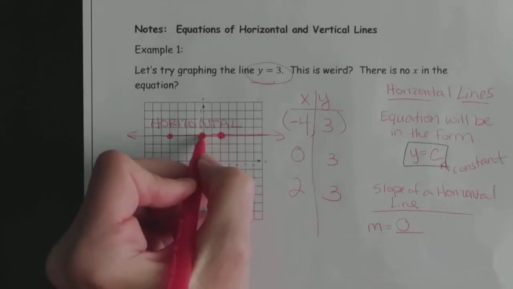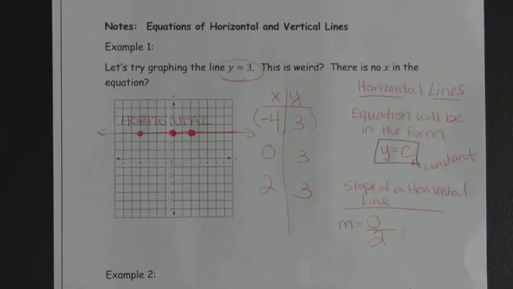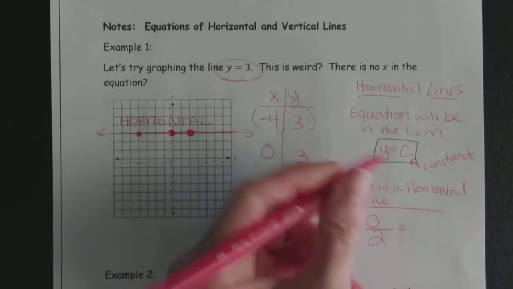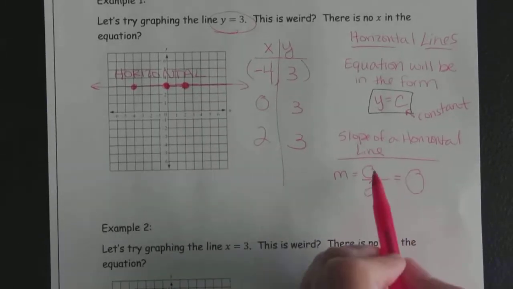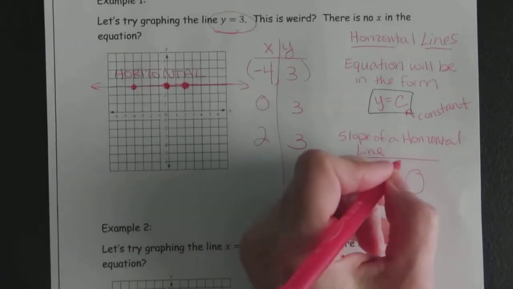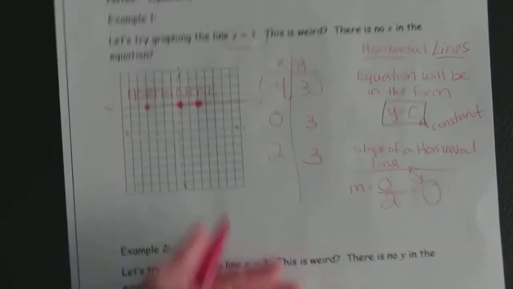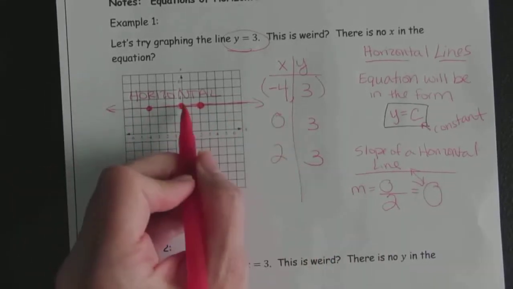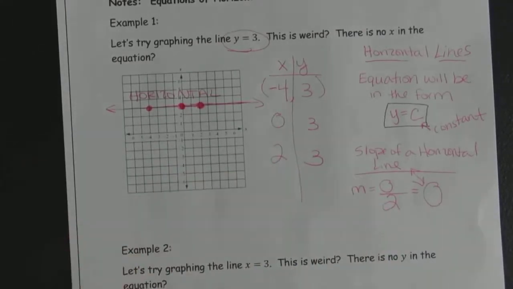Rise is 0. What about the run? 1, 2. So 0 over 2. Well, 0 divided by 2 is 0. So the slope of a horizontal line is always going to be 0. Because think about it, if it's horizontal, you're never going to rise, but you are going to run. That puts 0 on the top, so that's really cool.